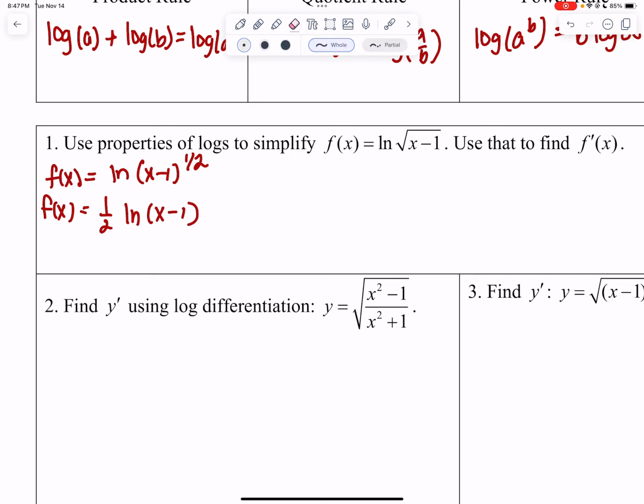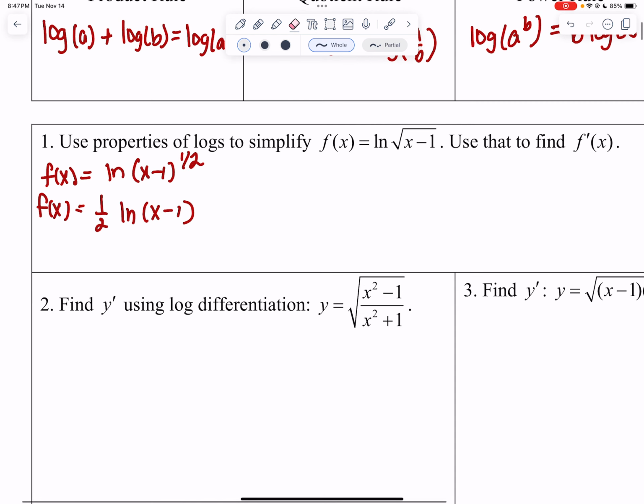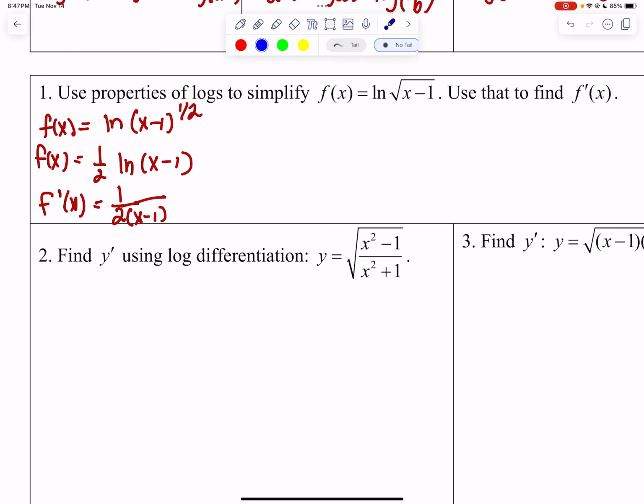Once I do that, I can take the derivative of 1/2 ln of x minus 1 pretty easily, because we know how to take the derivatives of ln's by now, hopefully. So f prime of x is going to give us 1/2 of 1 over x minus 1. Ta-da.